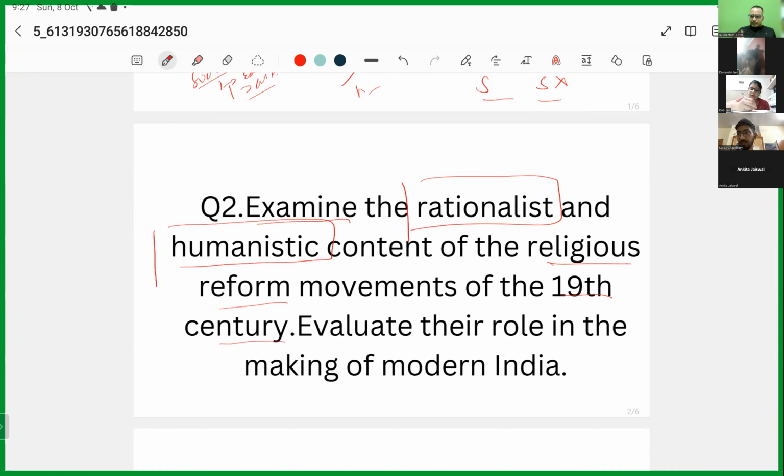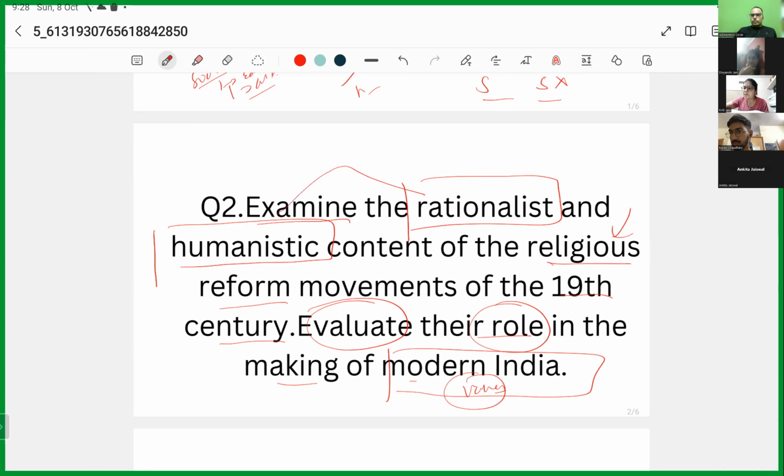I had told you about the century thing, right, 19th means 1800 something. Okay, because I got 1-2 answers, I won't take names. Those who wrote last time, for 19 they wrote 1900 something. Okay, evaluate their role in making modern India. Now making modern India, first you should be clear what are the values in modern India that have been derived from these movements. And first you should be clear about these two terms.